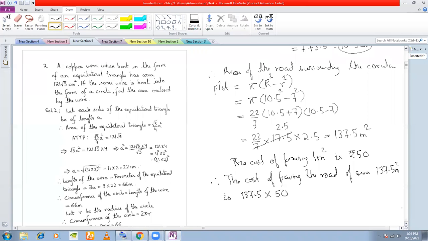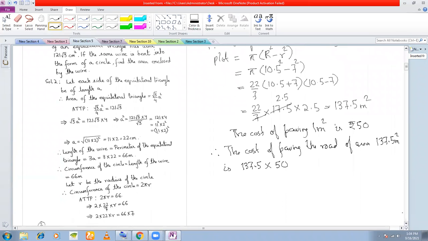Okay. How will you calculate this? You can multiply directly, or one good way of calculating this is you can convert 50 to 100. 137.5 into 50 you have. You multiply this by 2. So 50 into 2 will combine to give you 100. But because there's an extra 2 here, you can divide it by 2 also.